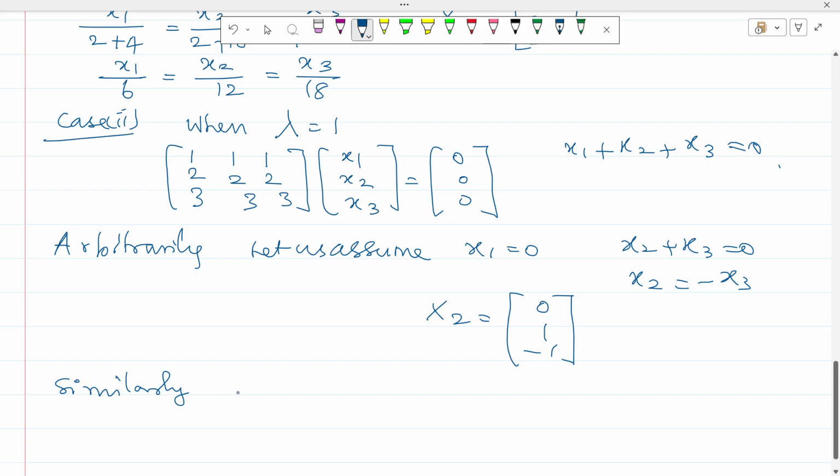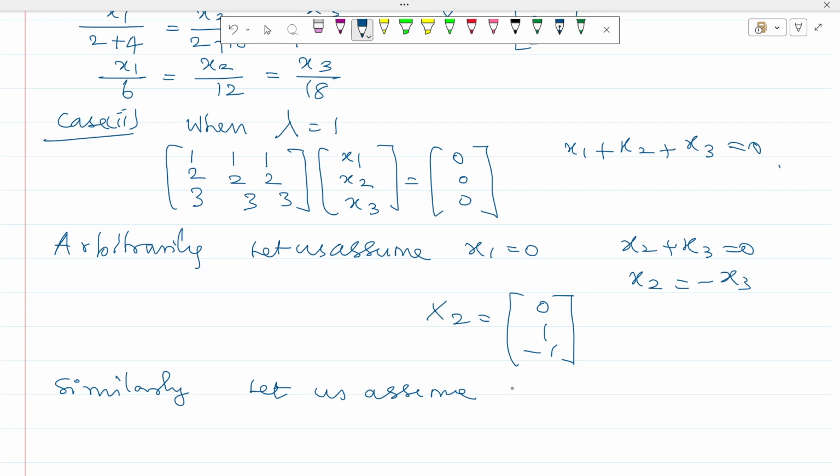Similarly, once again we have to assume, because for lambda equal to 1 we need to find two different eigenvectors, but the eigenvalues are repeated.